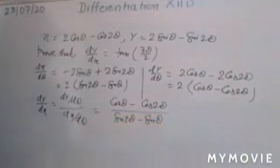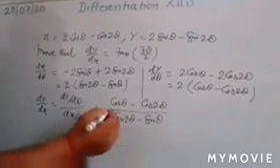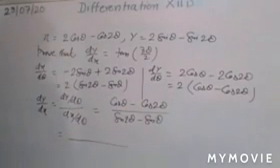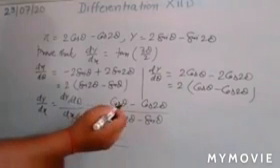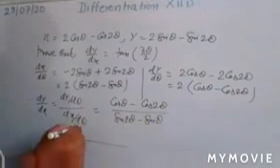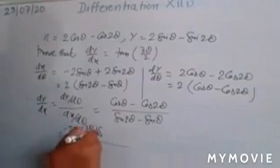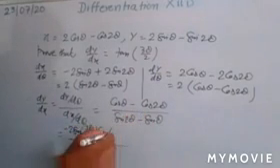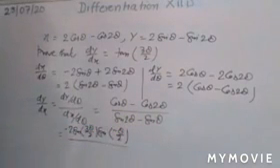Now applying the formula for cos A minus cos B, which is minus 2 sine (A plus B) by 2, so here you have 3 theta by 2, and sine (A minus B) by 2, so you have sine of minus theta by 2.